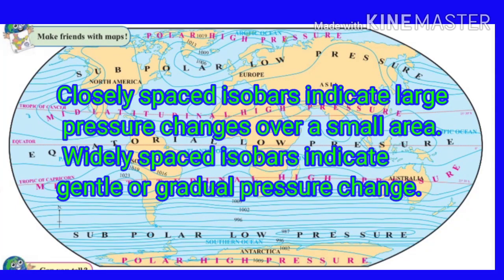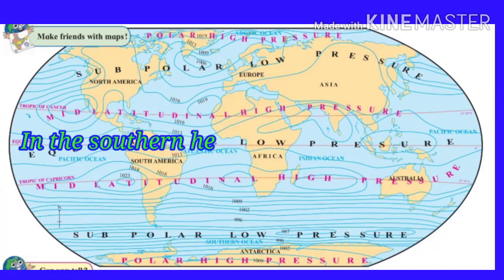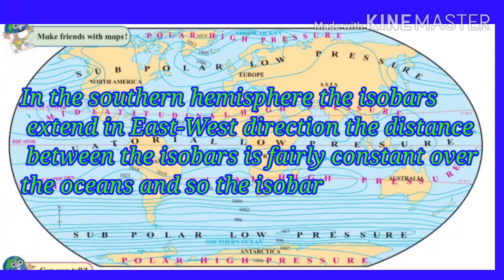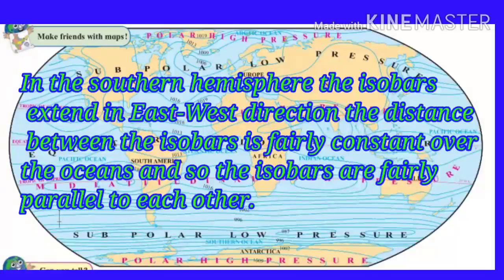Widely spaced isobars indicate gentle or gradual pressure change. In the southern hemisphere, the isobars extend in east-west direction. The distance between the isobars is fairly constant over the oceans, and so the isobars are fairly parallel to each other.